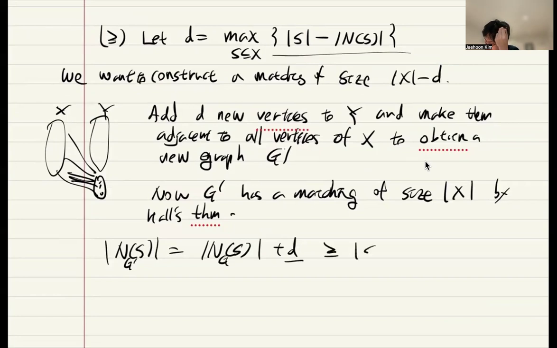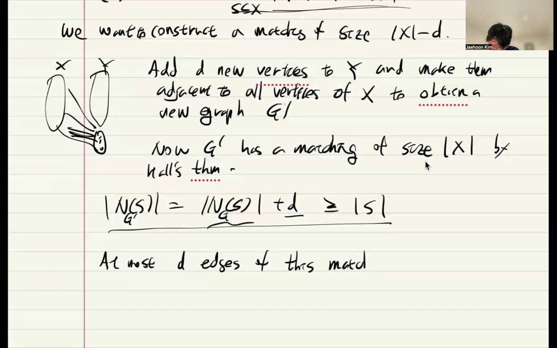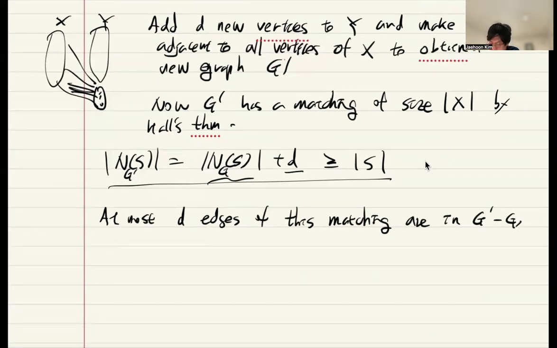This is at least the size of S. This is one specific S, and D is the maximum over all S. So by Hall's theorem, you have a matching covering X. And at most D edges of this matching are in G prime minus G, which are the additional artificial edges we add.